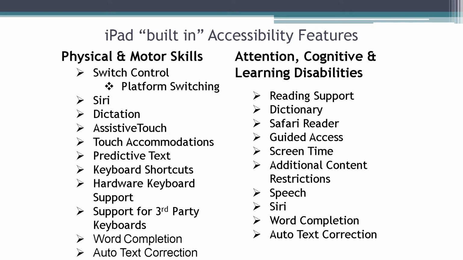It offers assistance for people with physical and motor skills challenges through options like voice control, touch access accommodation, or access through switches. It also assists with issues like attention, cognitive, and learning disabilities through its features that include guided access and content restrictions.